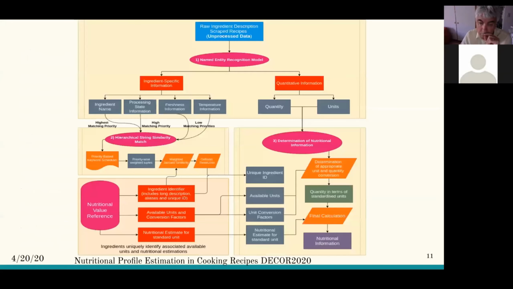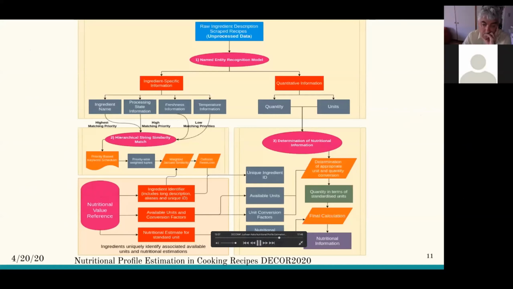So this is the overall system architecture that we use. As you can see, first we used an NER model to segregate the information into ingredient name, processing state, freshness information, temperature, and so on, and the quantitative information, which is quantity in units. Then we used hierarchical string similarity matching with priority-based string matching, using Jaccard similarity to match strings.